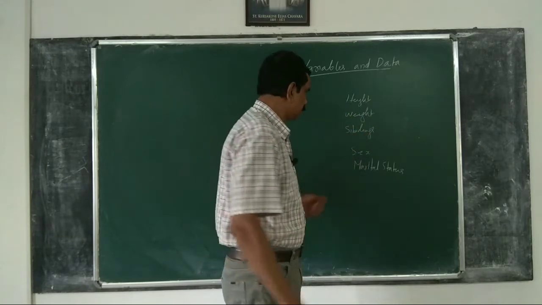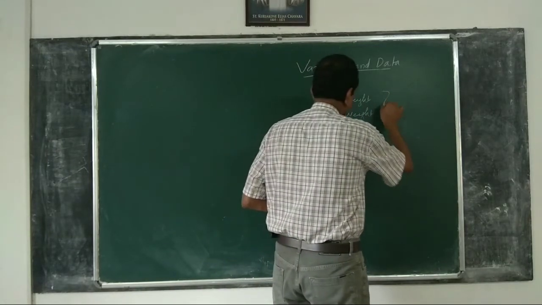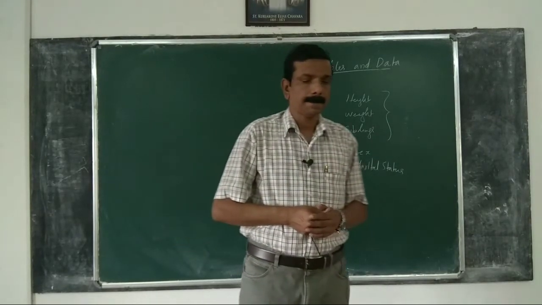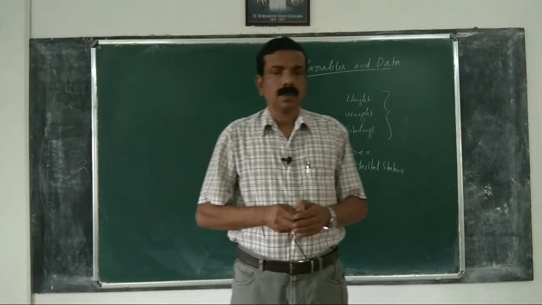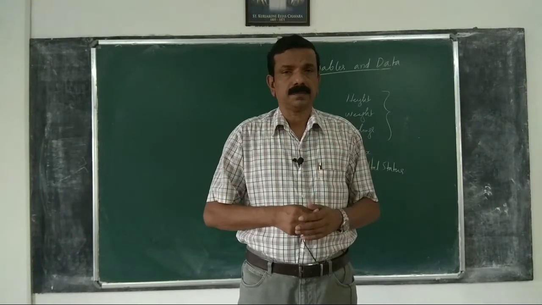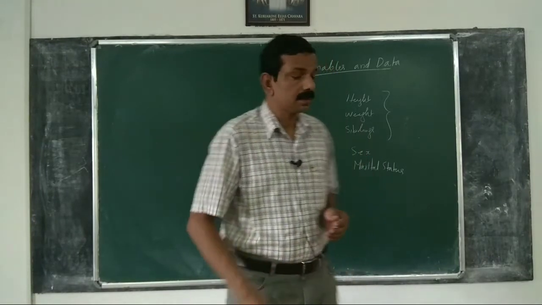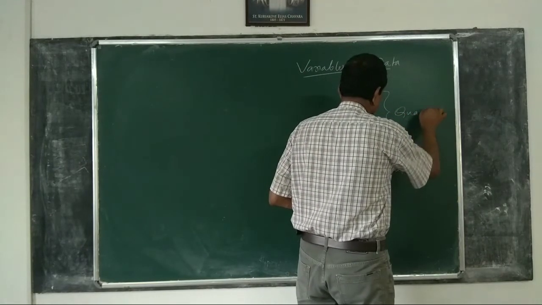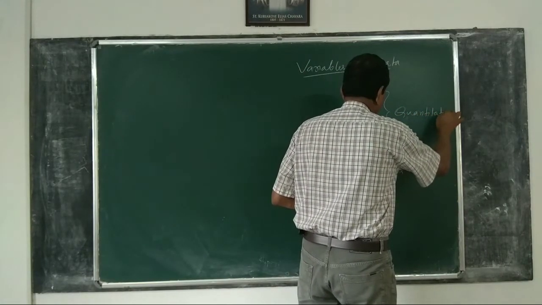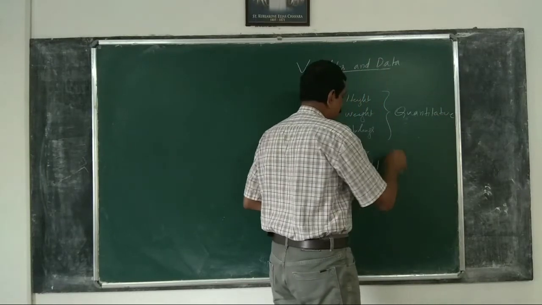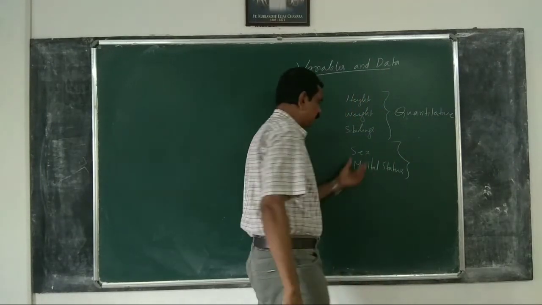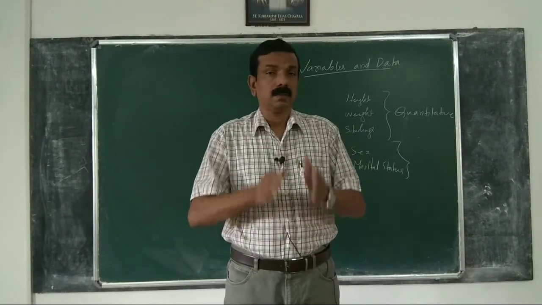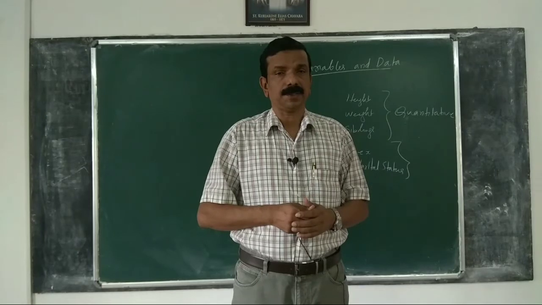In the first three cases, that is height, weight, number of siblings, we have numerical information. So they are known as quantitative variables. In the case of sex, marital status, etc., we have non-numerical information.